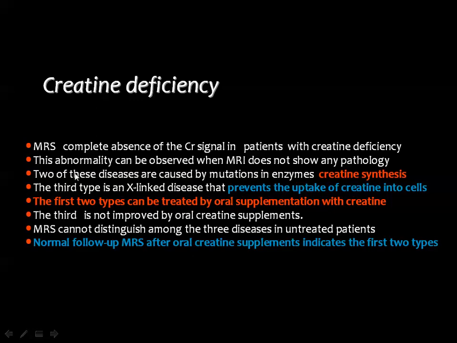Two of these types are caused by mutation in the enzymes responsible for creatine synthesis, and these two diseases can be treated by oral administration of creatine products. The third type is an X-linked disease that prevents the uptake of creatine into the cells, and this type cannot be treated by oral supplementation with creatine.